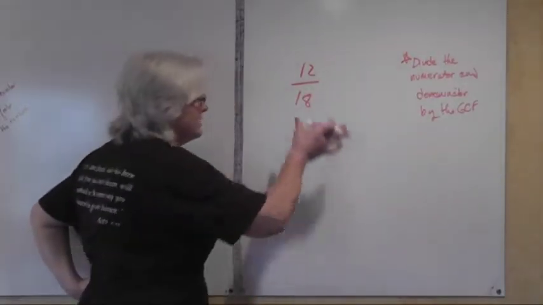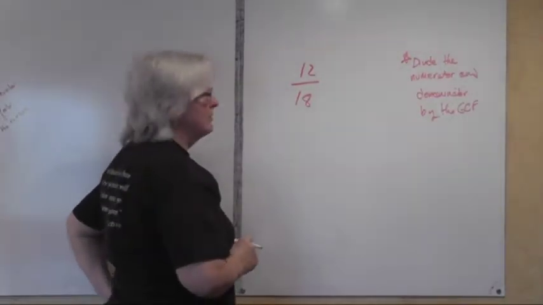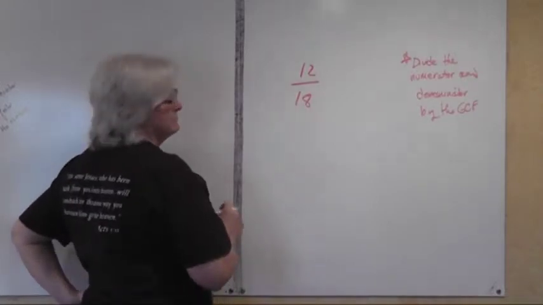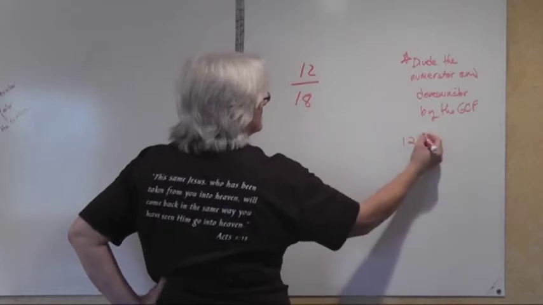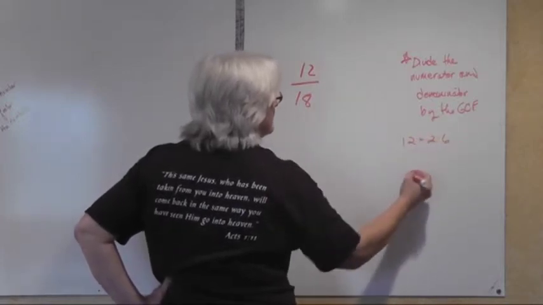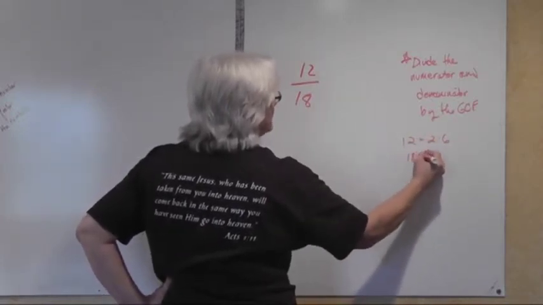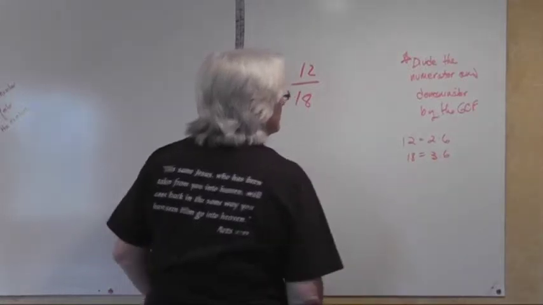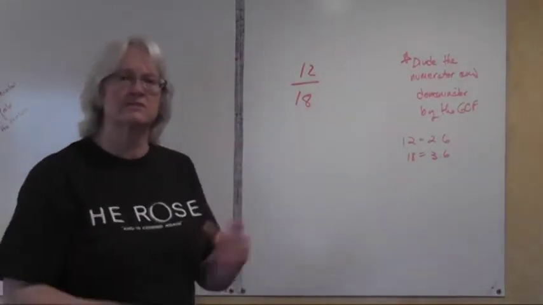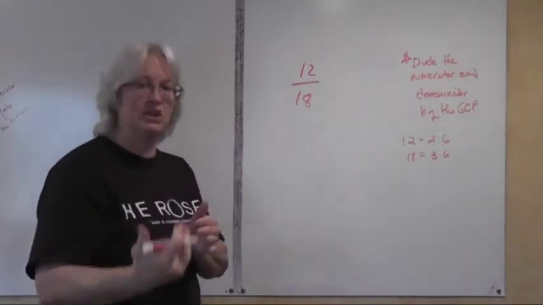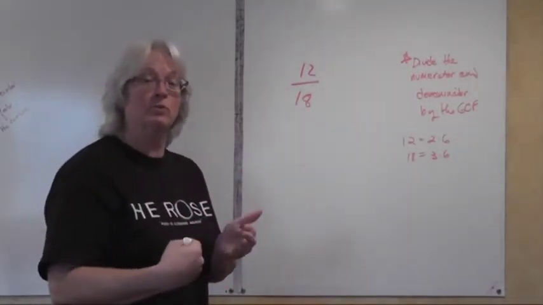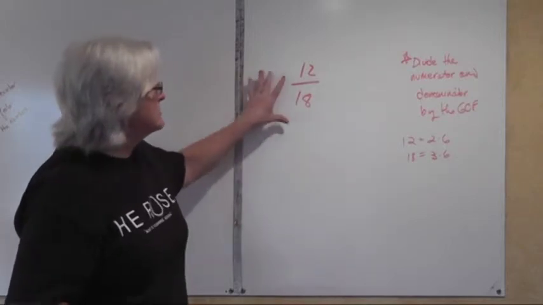Let's say, what's the greatest common factor of 12 and 18? Well, 12 is equal to 2 times 6. 18 is equal to 3 times 6. This is just some intuitive things that you might understand. I'm going to show you a method just in a second, a foolproof way of reducing to lowest terms.